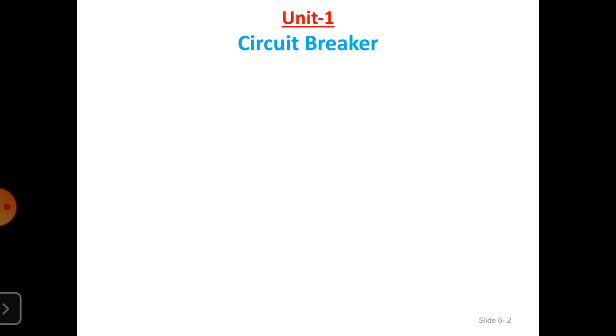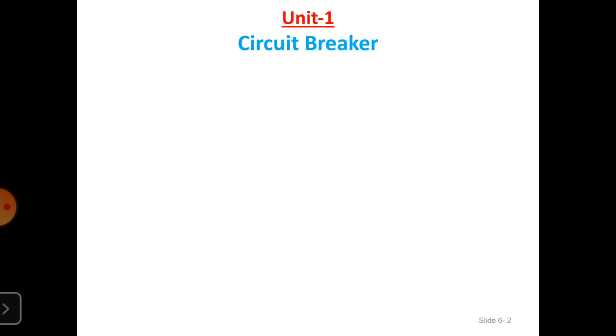Next, coming to the circuit breaker, it is also an overcurrent device like a fuse, but if any overcurrent is obtained in the circuit, it breaks or makes the circuit. That is the difference between the fuse and the circuit breaker.